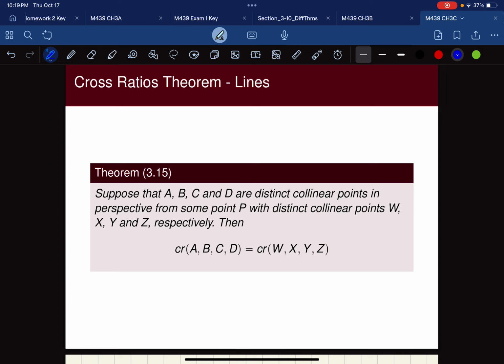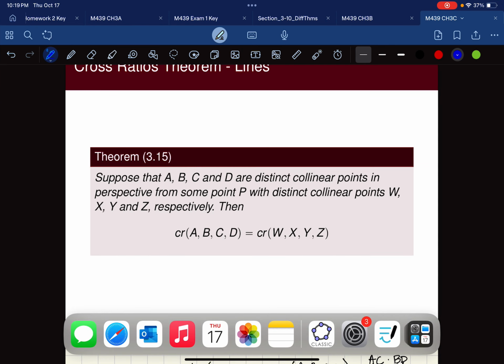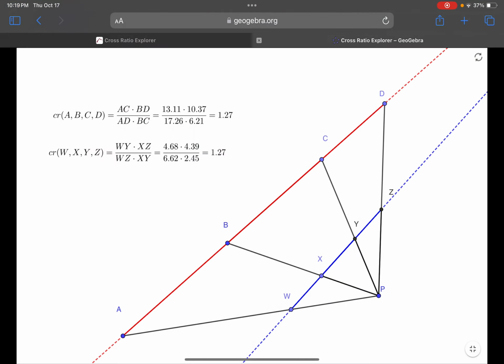So what I've done on the Canvas page is to give you an applet that you can open up. I've already opened it in another screen, in a browser, so I'm just going to go there right now. What I have here is the setting of the cross ratios.